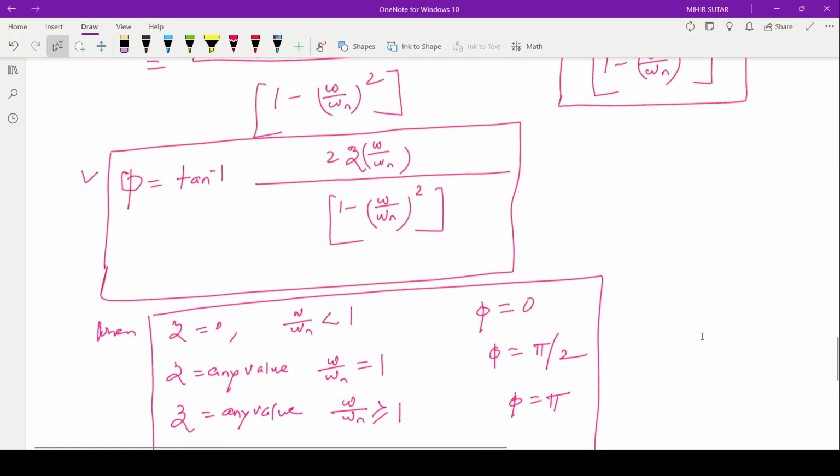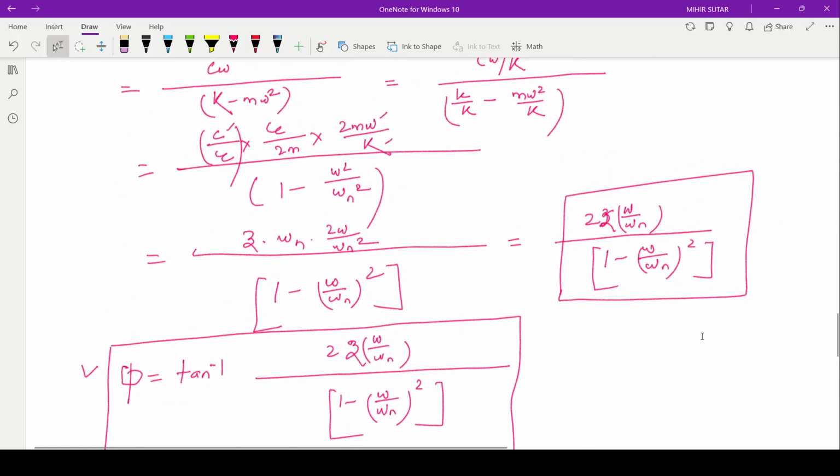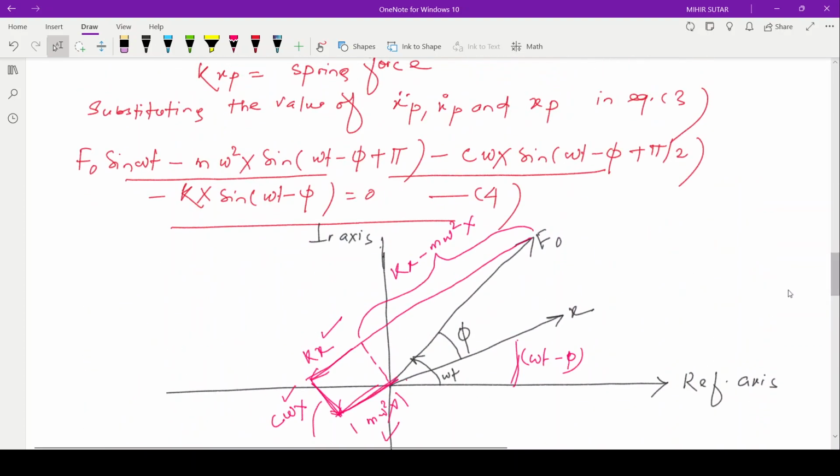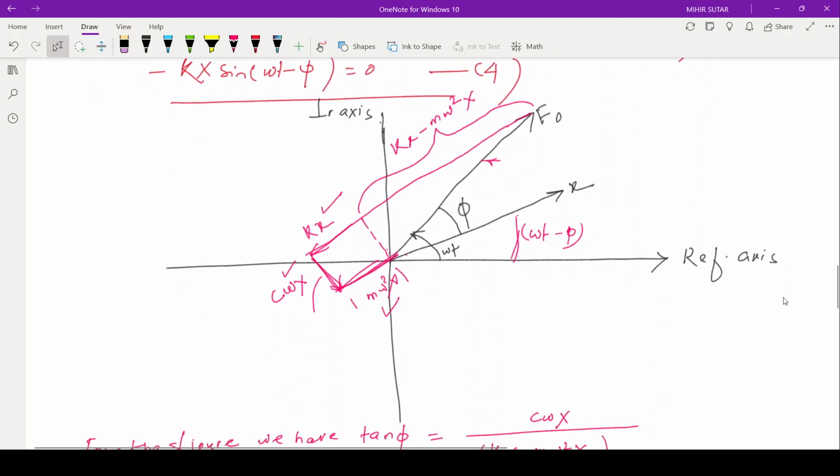Now from the figure you can see this component is our F0, this one. So this F0 will be the square root of kx minus m omega square x squared plus this, that is c omega x squared, from the triangle you can see here. So that I have written here.